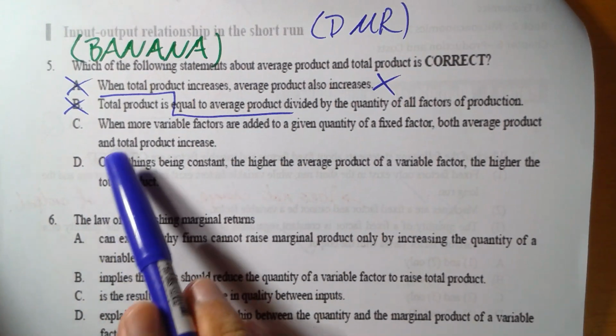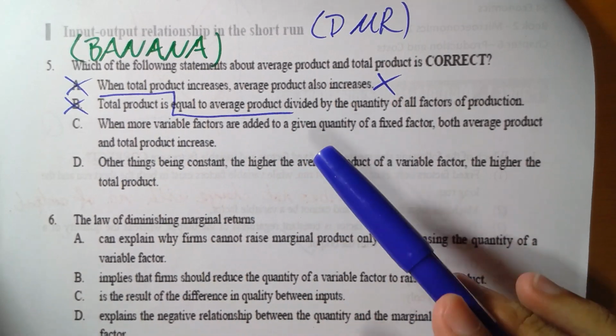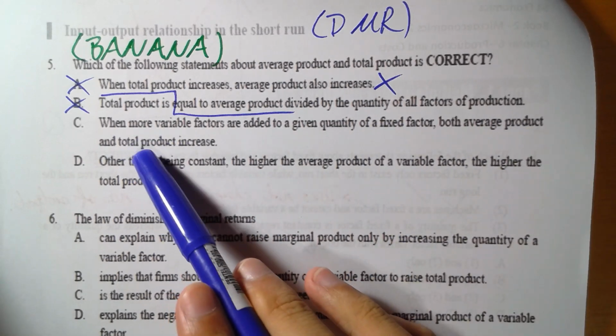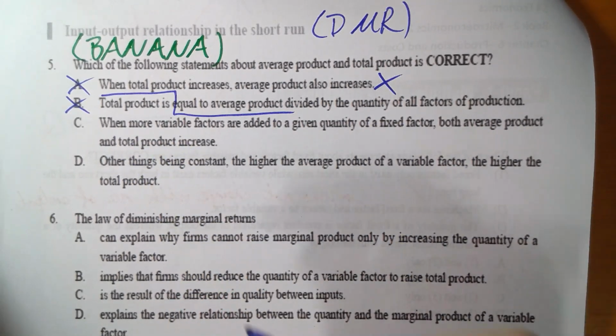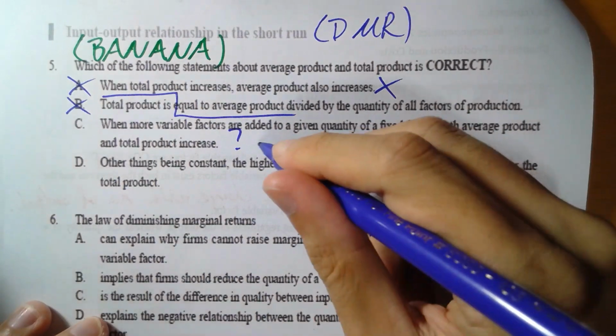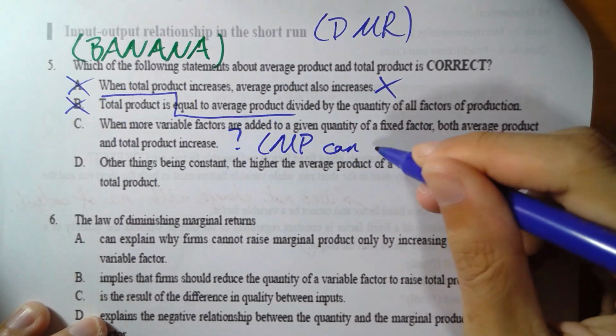Now, see, when more variable factors are added to a given fixed factor, both average product and total product would increase. Actually, we don't know. Remember, we said there is a chance that MP can be negative.